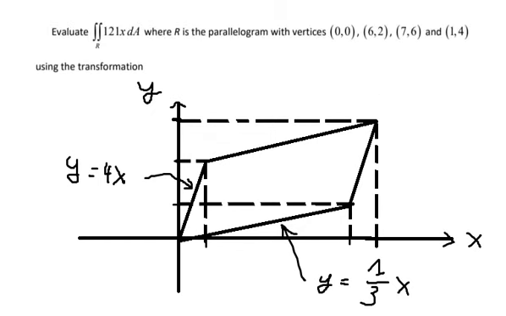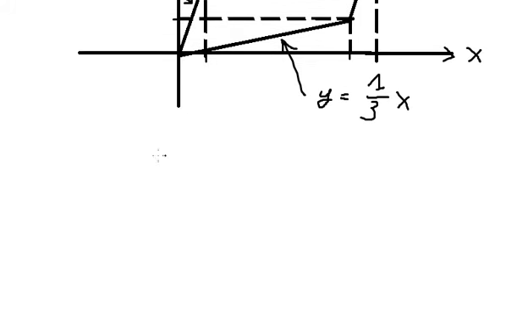And now next, this point is about 1, 4. This point is about 7, 6. So we need to find the vector. I call this one A, this one B. So we have vector AB.